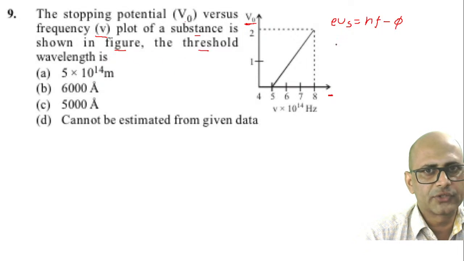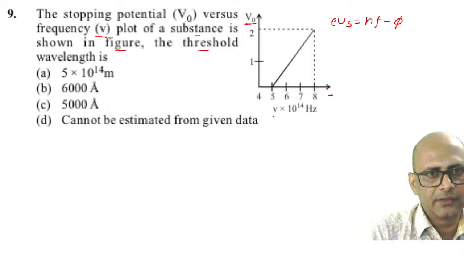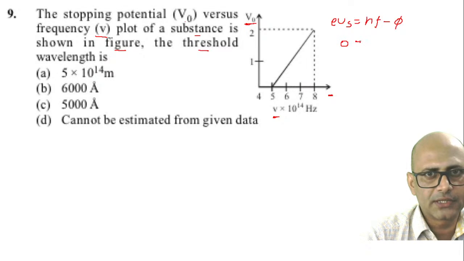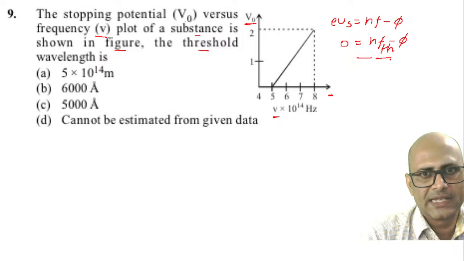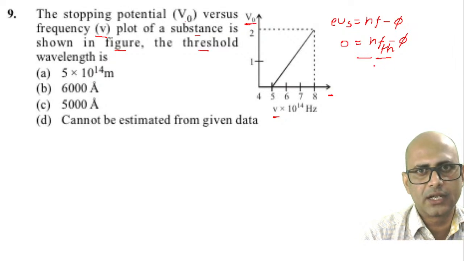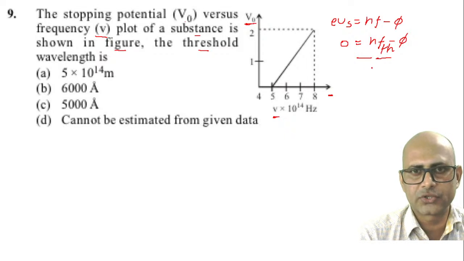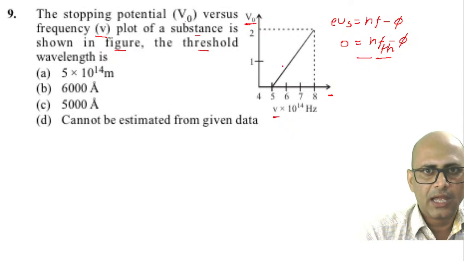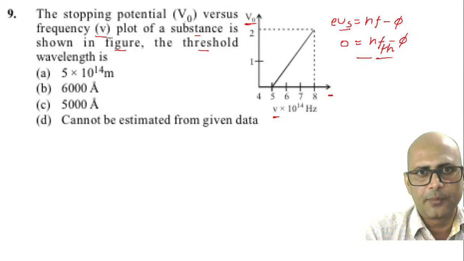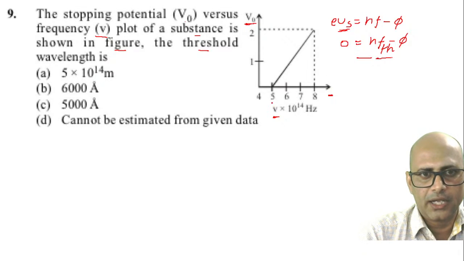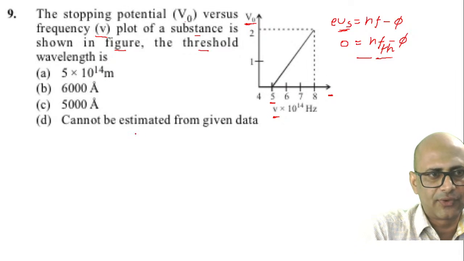We have to find the threshold wavelength. Just see the stopping potential. If you put the stopping potential as 0, hf minus phi, so here it will be threshold. The minimum frequency of a photon which can eject a photoelectron is called the threshold frequency, and in that case the stopping potential should be 0, and that value we have been given is 5.